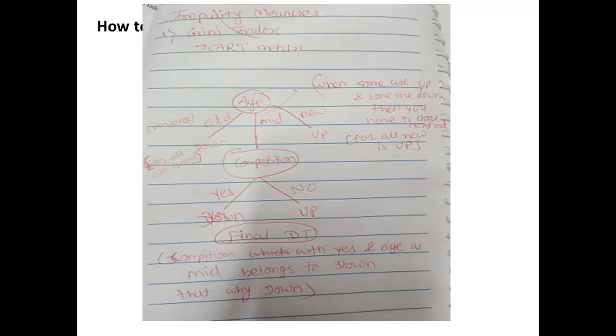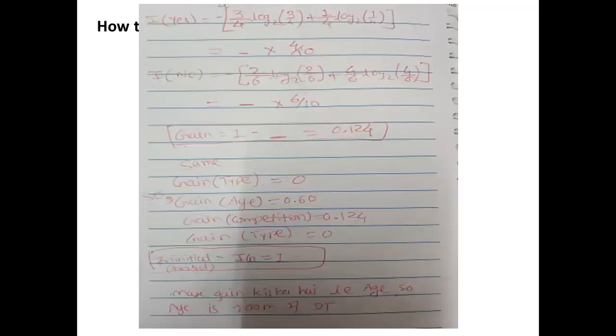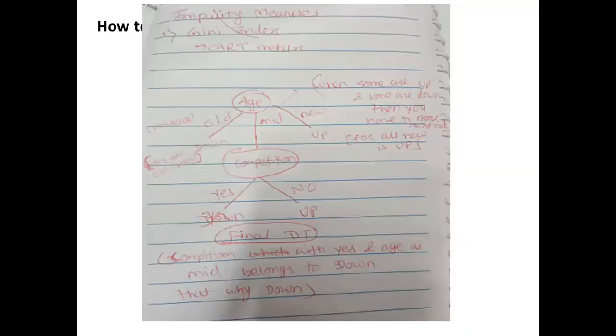Okay. Now, while considering the next attribute as the node, we consider the next highest gain. The next is competition, because type is 0, so 0.124 is the next. So that's why the next attribute we have considered is competition.